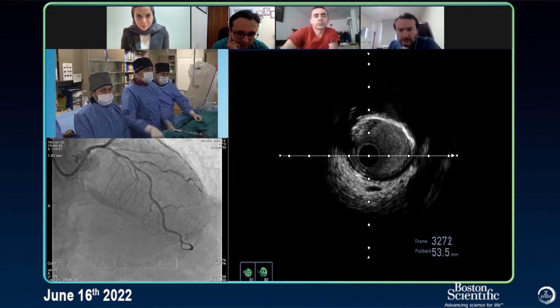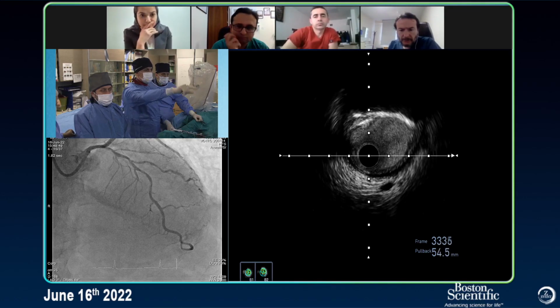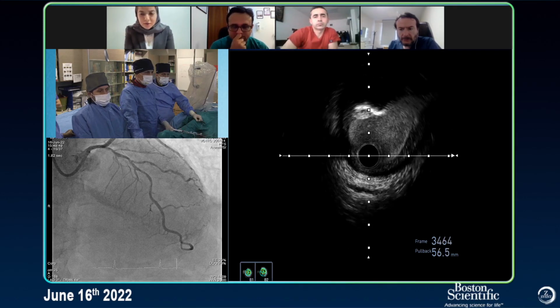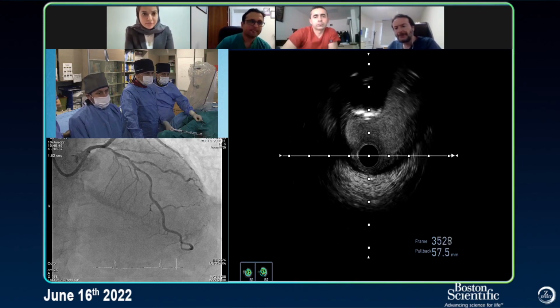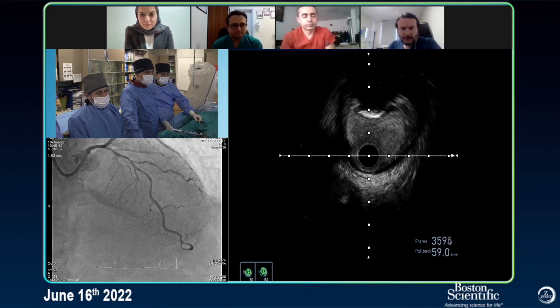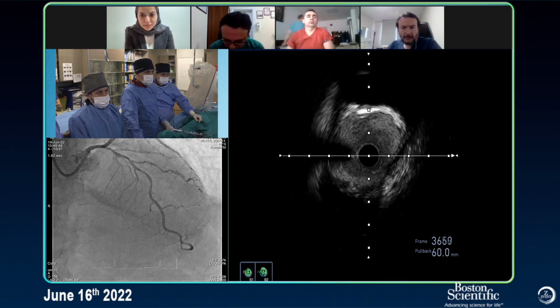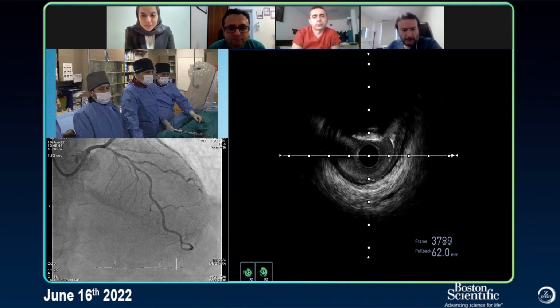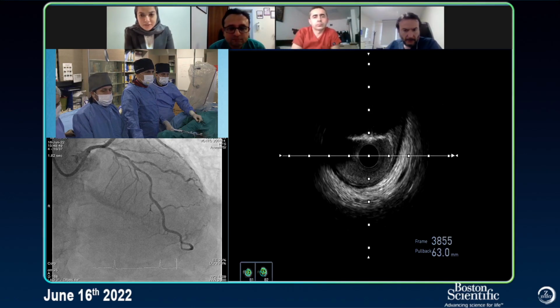So we have a very calcified lesion. Then we can't see much beyond the calcification. Right. So a great shadow example, typical true calcification on IVUS. And I'm assuming you went all the way to the left main, which we're probably about to see in a second, just to see how significant the ostial lesion is.